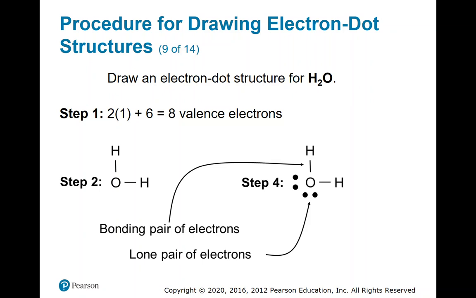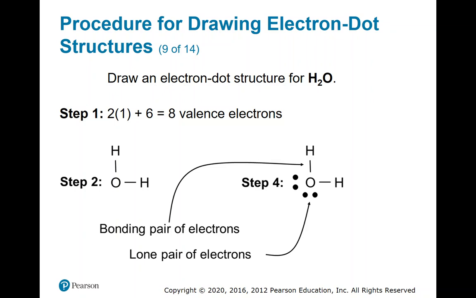So remember, step 1, and this is a step that applies to every single molecule you'll ever draw, is to count the number of valence electrons we have. So water, H2O, each molecule has 2 hydrogen atoms and 1 oxygen atom. Each of those hydrogens is going to bring 1 valence electron to the party, and the 1 oxygen will bring 6.